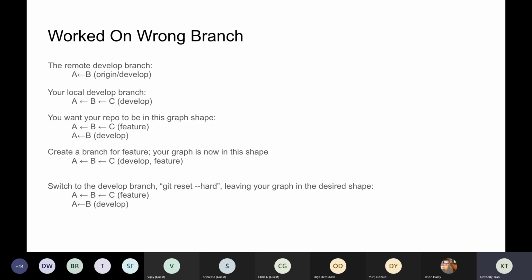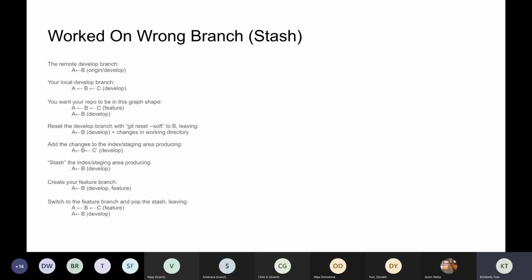Okay. Another way to work on the wrong branch and fix that is using a stash. It's a little more work, but it has some advantages of staying on the same branch. So the basic setup is still the same.